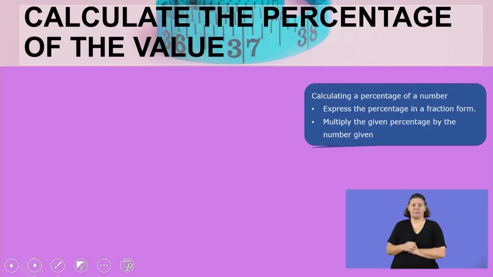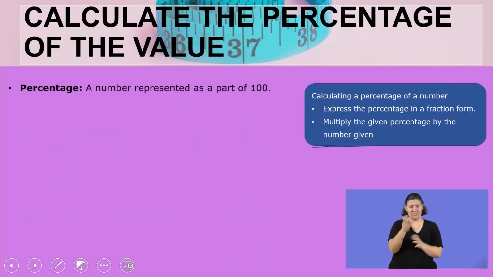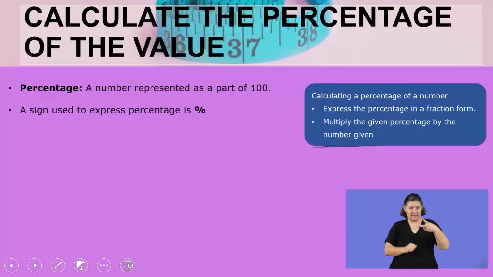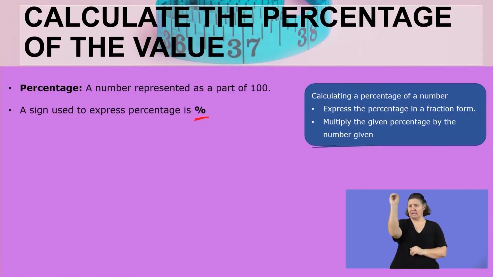Okay, so as we calculate the percentage of a value, we need to define what is a percentage. A percentage is a number represented as part of 100. So once we talk about a percentage, you should know that it's a value which is part of 100. Whatever value will be divided by 100, most importantly. Secondly, this is the sign which is used to express a percentage.